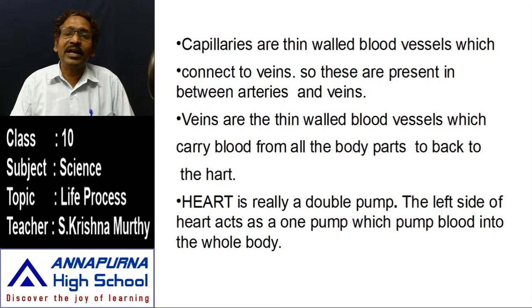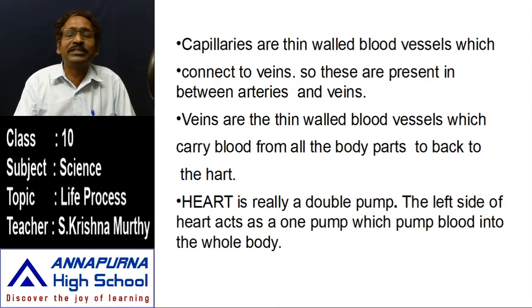And once the aorta is filled with oxygenated blood, that blood is supplied to all the capillaries of the blood vessels. These capillaries should be connected to veins. The aorta, which has oxygenated blood, has its terminal portion connected with arteries, and the arteries are connected with capillaries, minute blood vessels.